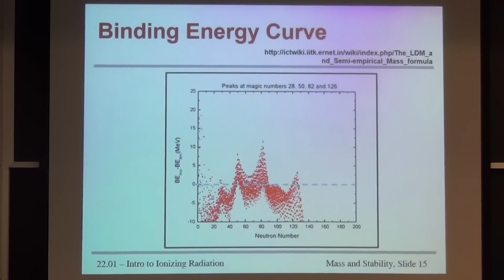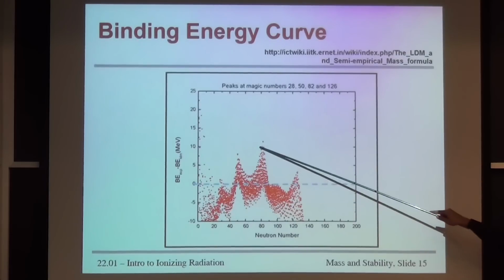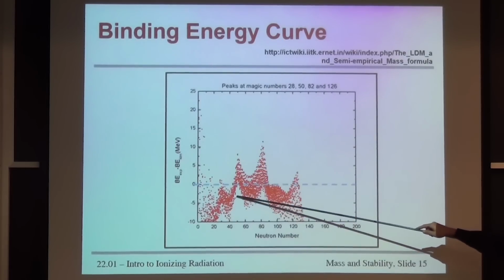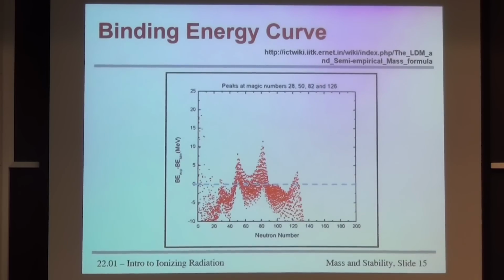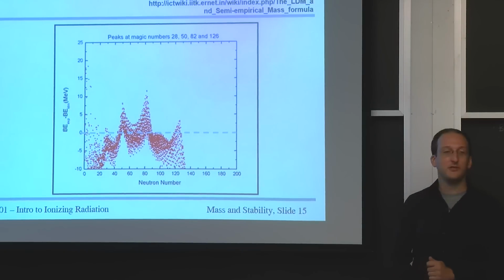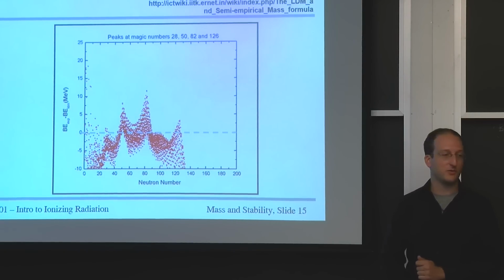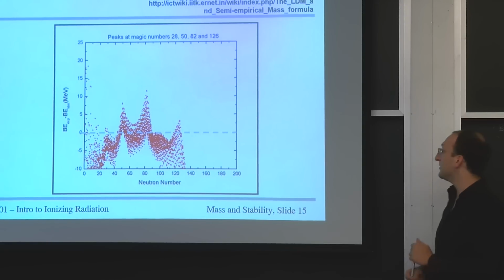If you zoom in on that part, you can see that at certain neutron numbers or certain proton numbers, there's an exceptionally high stability of a lot of those nuclei, and that's as you approach what are called magic numbers, or numbers of nucleons which fill all energy levels at a certain level.